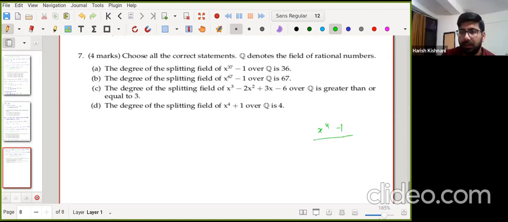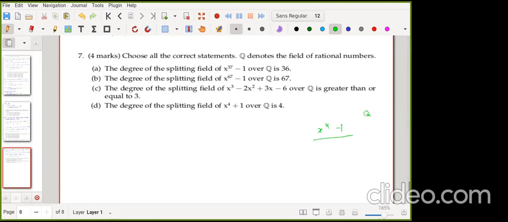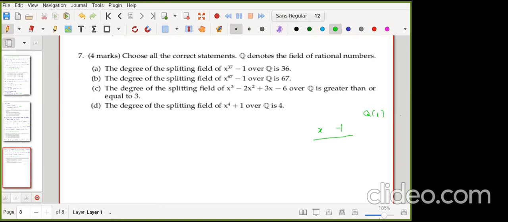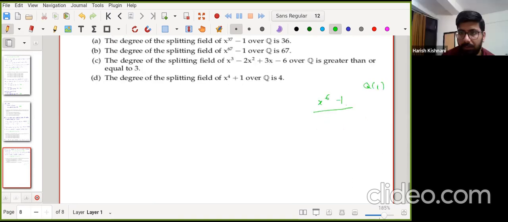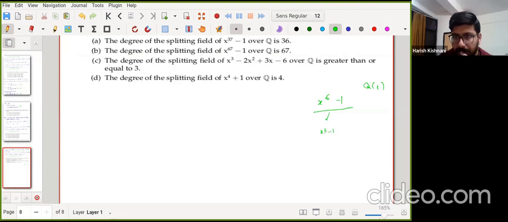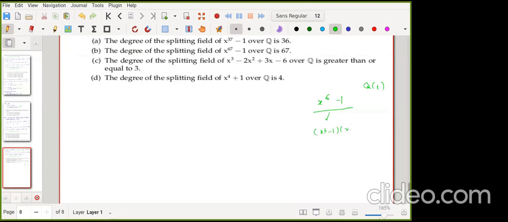Okay, this is x^4 minus 1 over Q, and it will be 2. Let me just take x raised to 6. For x raised to 6, you have x cube minus 1 and x cube plus 1. You can write it like that.